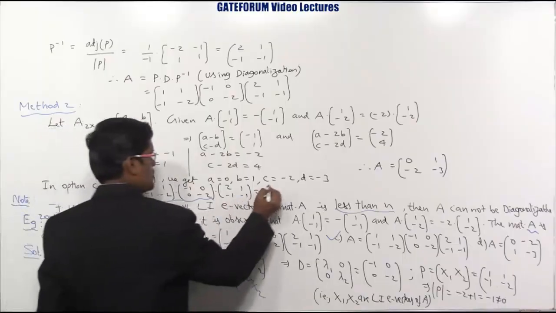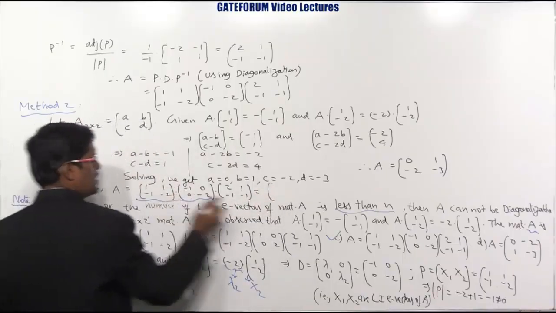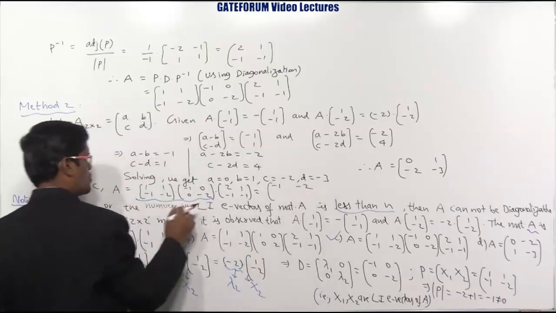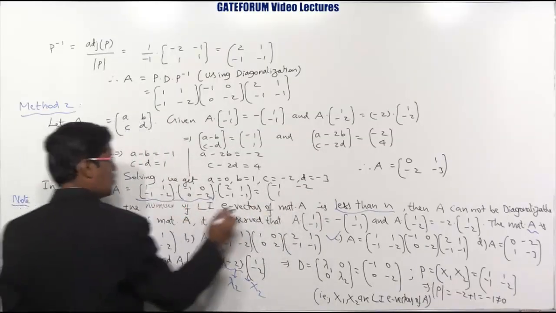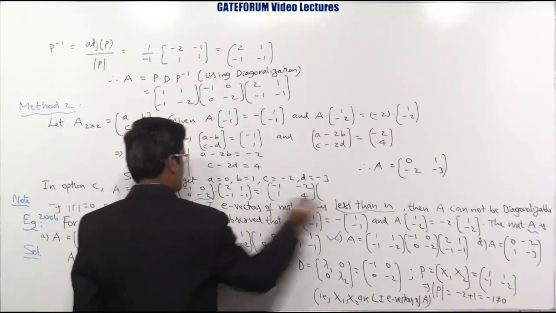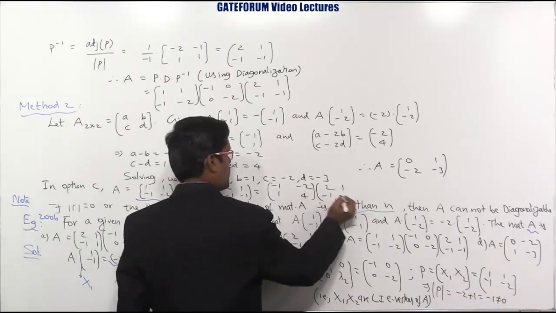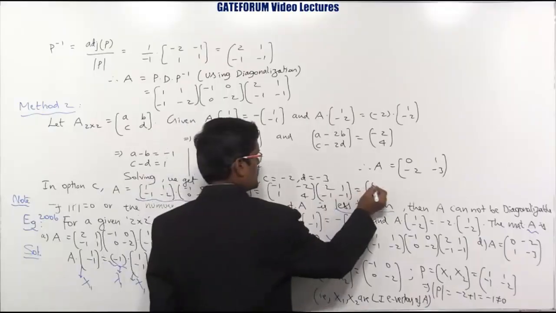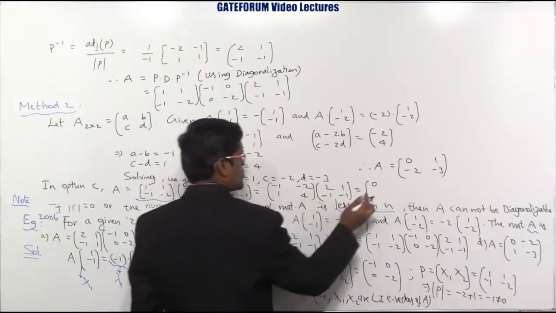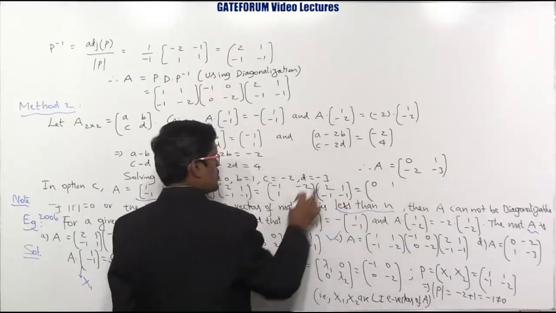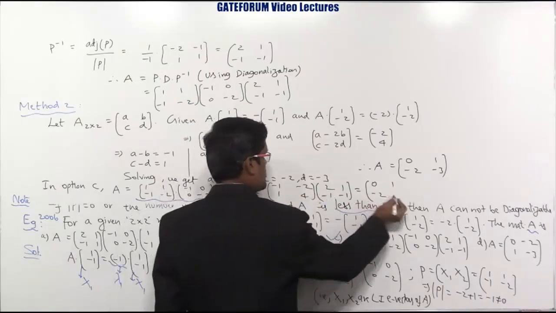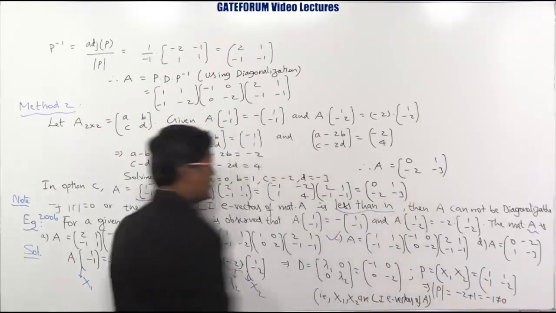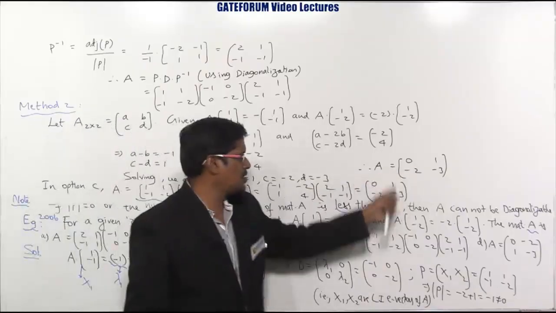Matrix multiplication: first row into first column minus 2 plus 2 cancelled, 0. First row into second column, minus 1 plus 2, 1. Second row into first column, 1 into 2 plus 4 into minus 1, minus 2. Second row into second column, 1 into 1 plus 4 into minus 3. So, this is what we got.